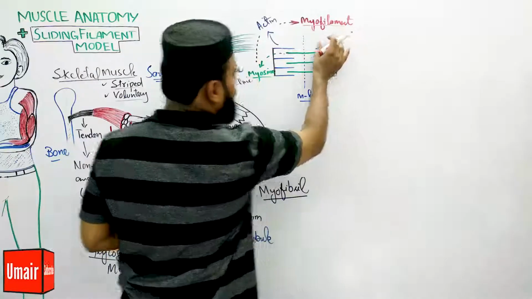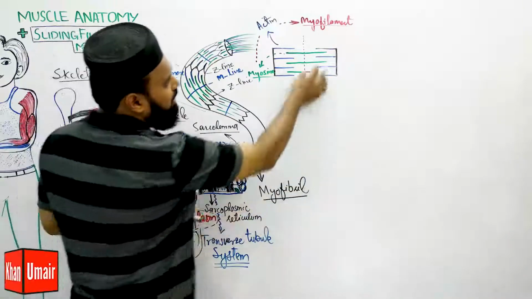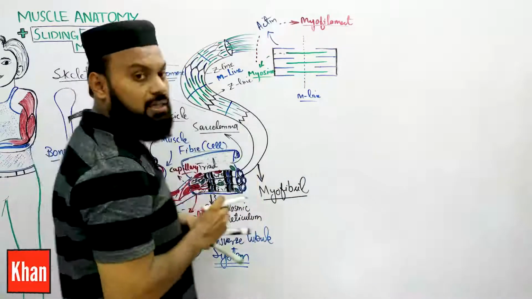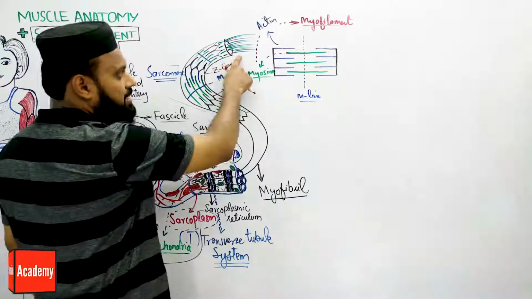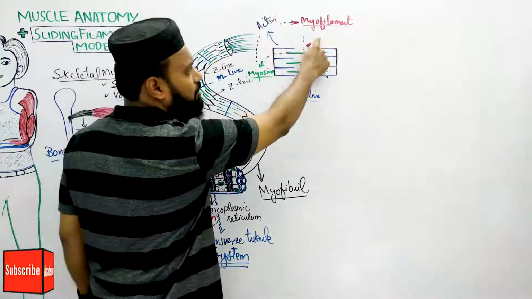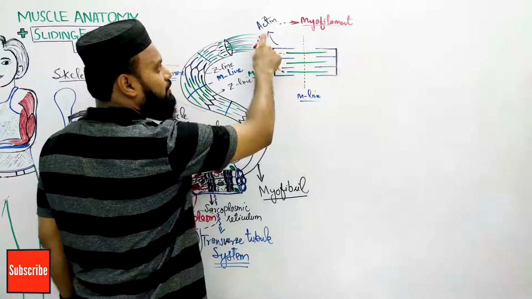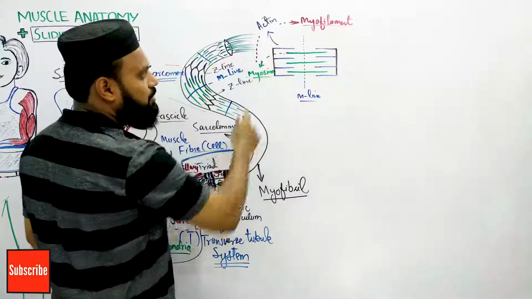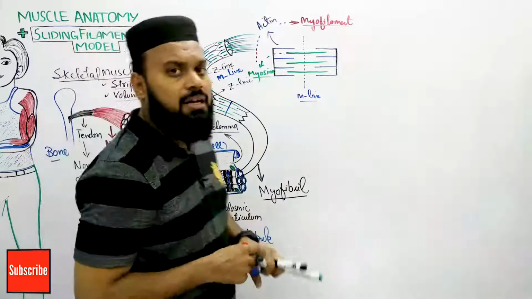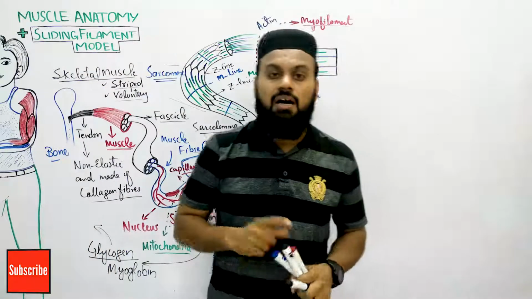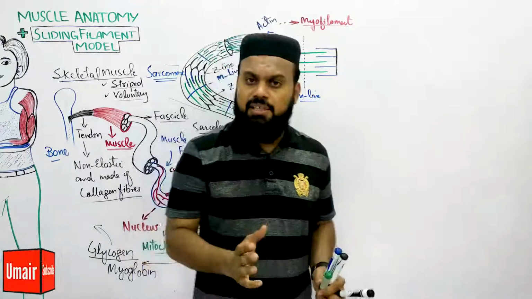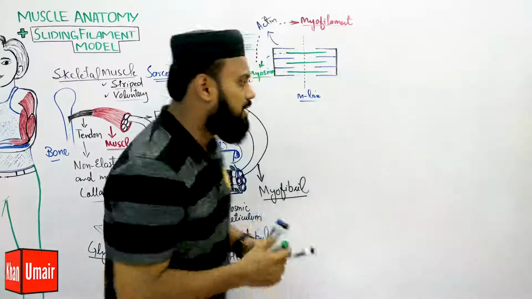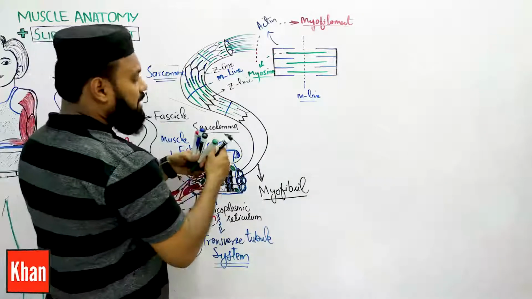So don't confuse the two terms, myofibril and myofilament. They are different things. Myofibril ends into a new kind of filaments called myofilament, which are of 2 types. Number 1 actin, number 2 myosin. Actin are thin filaments and myosin are thick filaments. If we discuss some characteristics of these fibers, then there is some information written in a book.